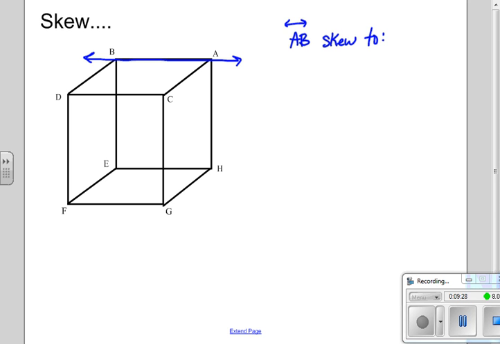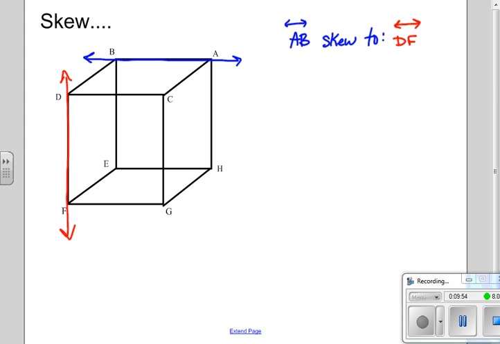Well, they're not in the same plane, but they still don't ever touch. So this would be an example. Remember that blue line is kind of at the back of the room or on the back of the box. The red line is going up and down at the front. Okay, so they are never going to touch, but they are not in the same plane.